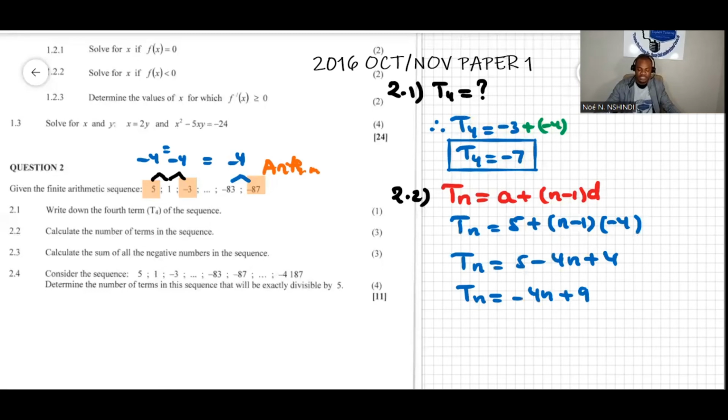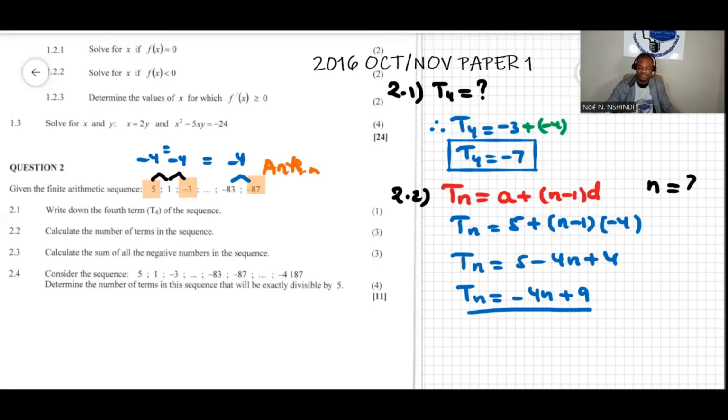So this is Tn. Now, because we know Tn, we can find the number of terms by substituting the last term. The last term here is -87, and to find the number of terms, we are looking for n.